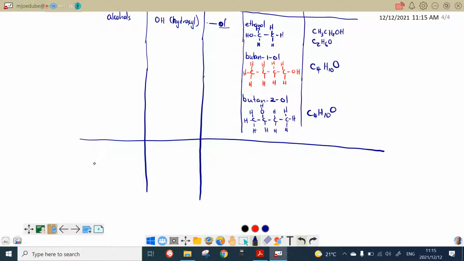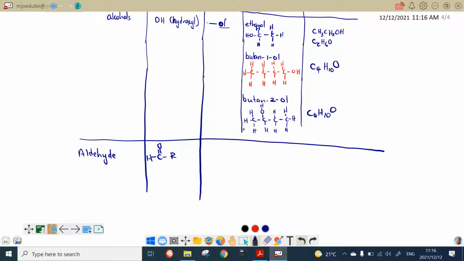The next homologue that we want to look at is your aldehyde. The aldehyde has got a carbonyl group which forms the functional group on the compound.